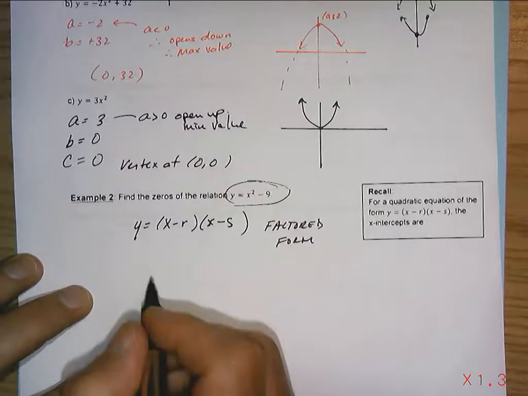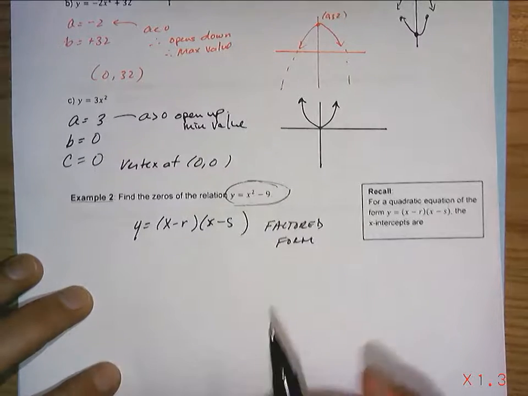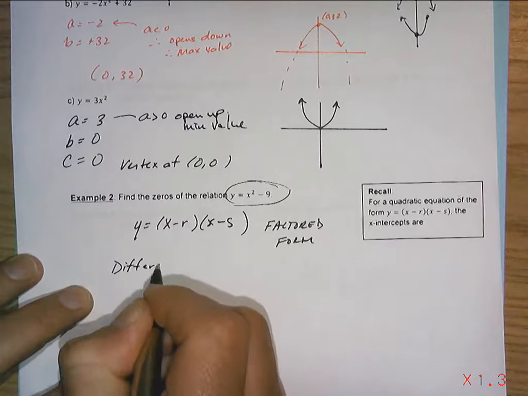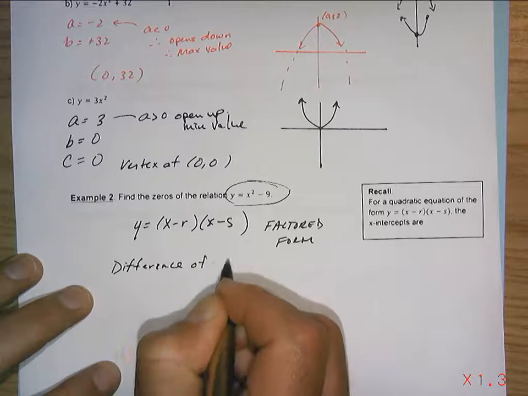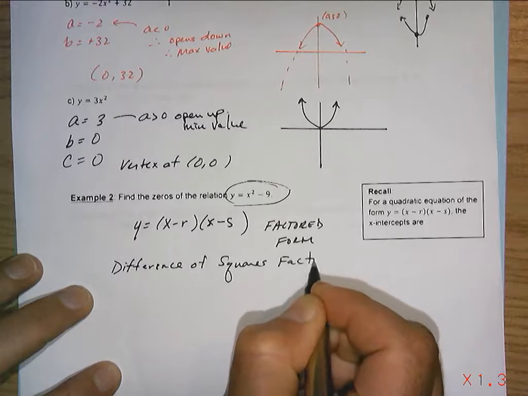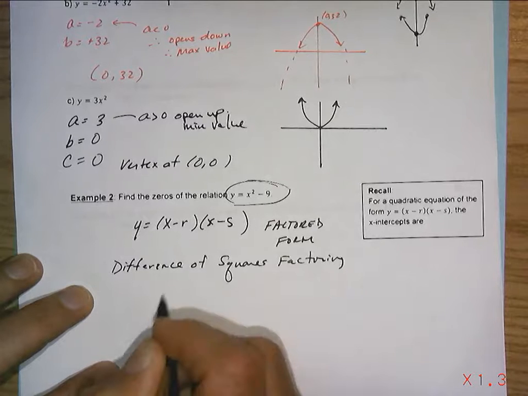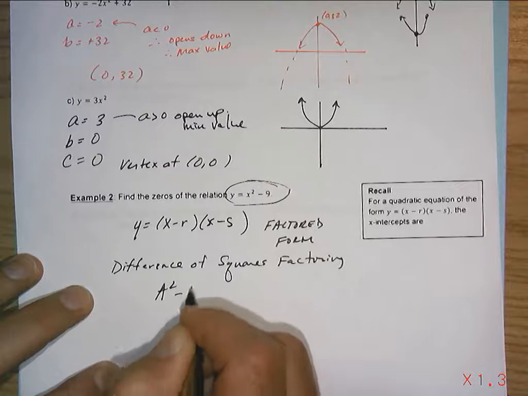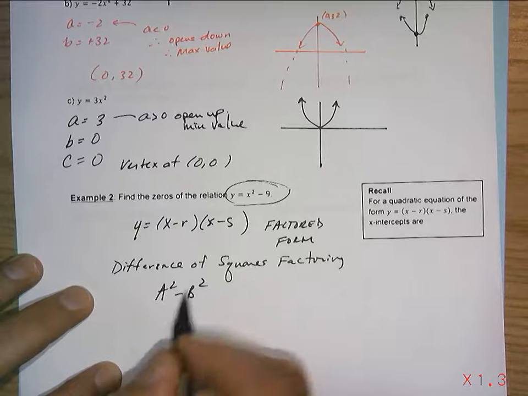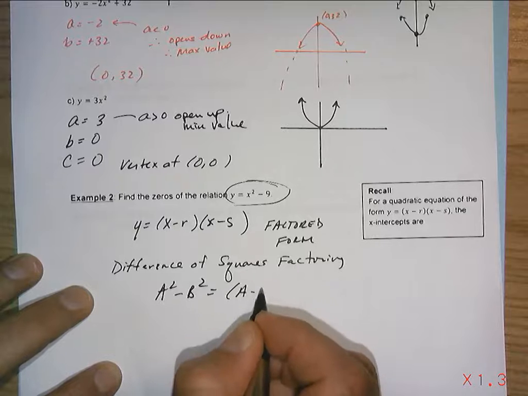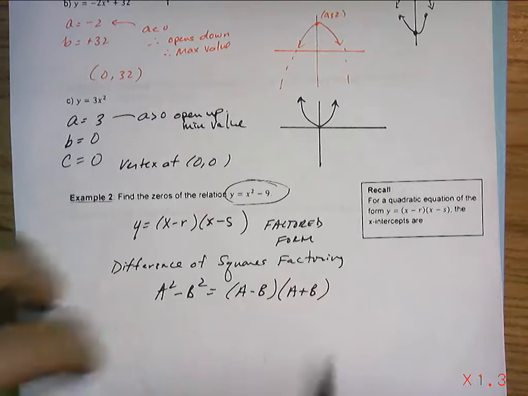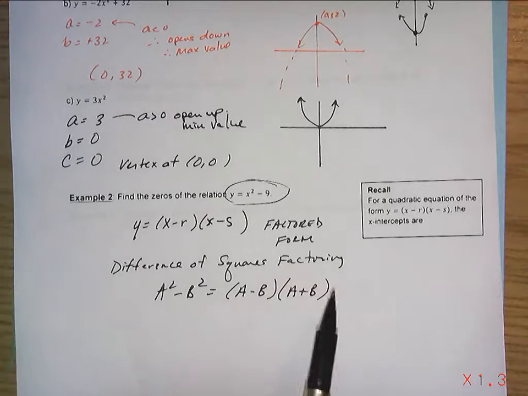This is a different type of factoring, one that we learned before, and that was difference of squares factoring. If you remember, it was when you have two things that are squared being subtracted. That's why it's a difference of squares. That could be factored into the first term minus the second term times the first term plus the second term.